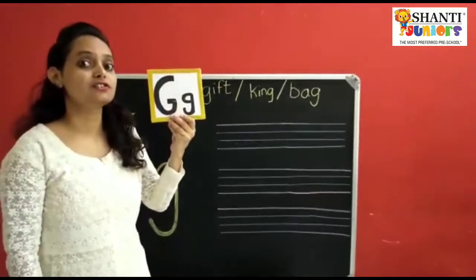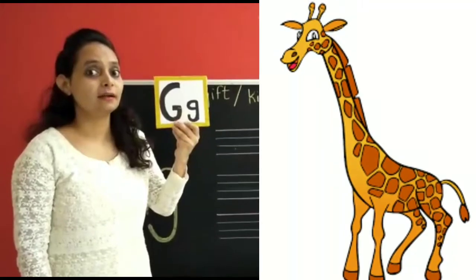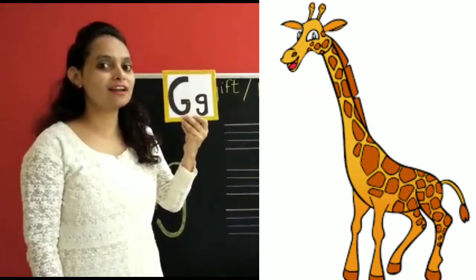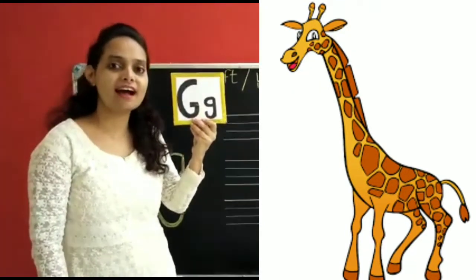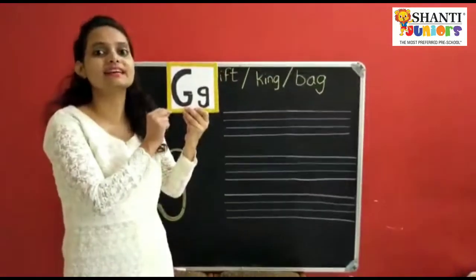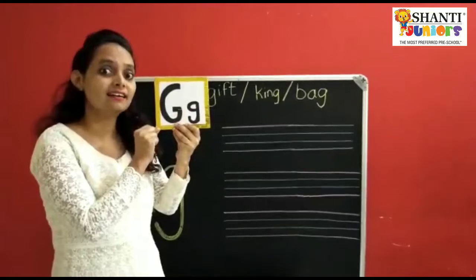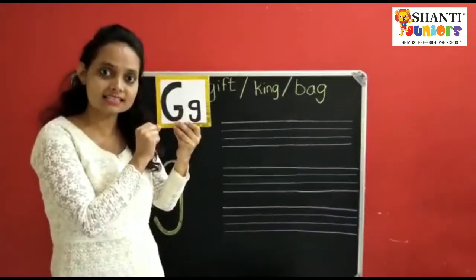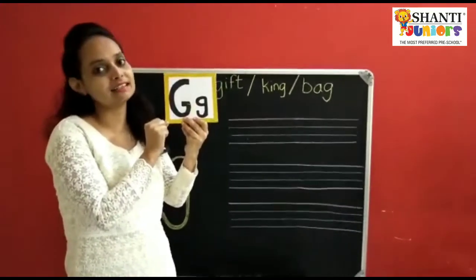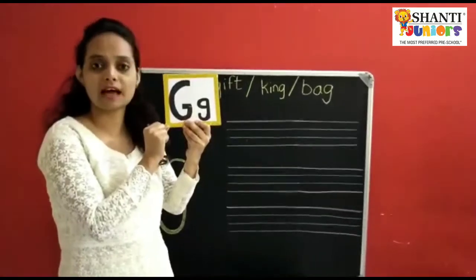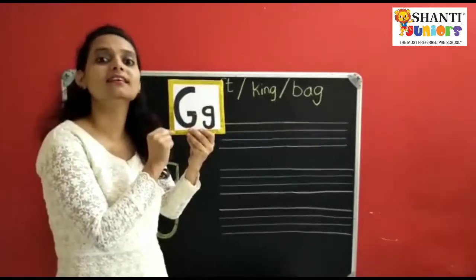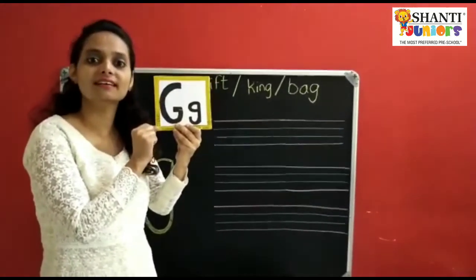And G for giraffe. It's a big animal. It's a tall animal. Yes, giraffe. It starts with letter G. G, g, glass. G, g, grass. All these words start with letter G. Okay. The sound of letter G is g, g, g.